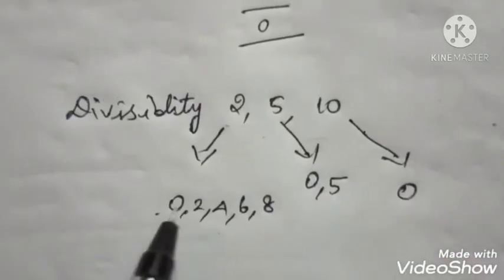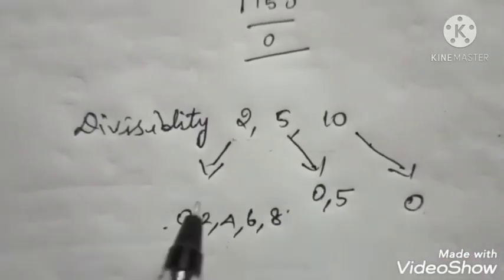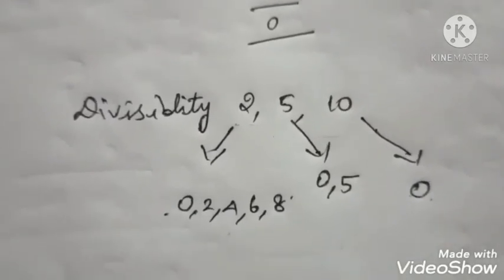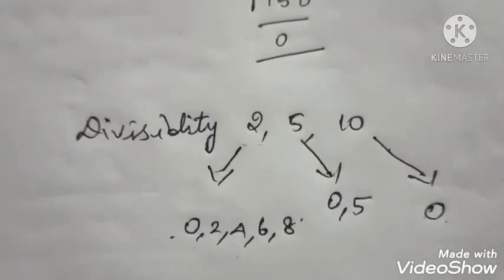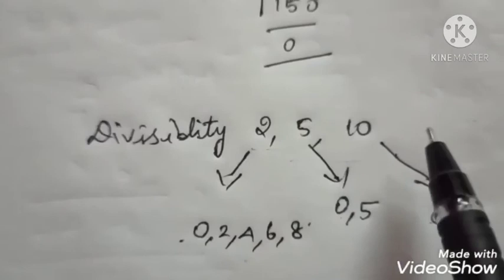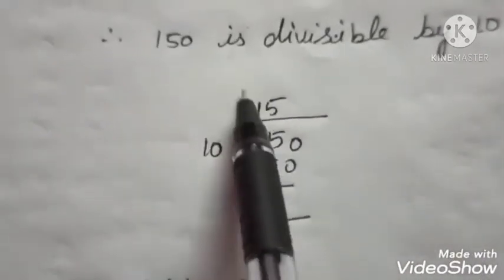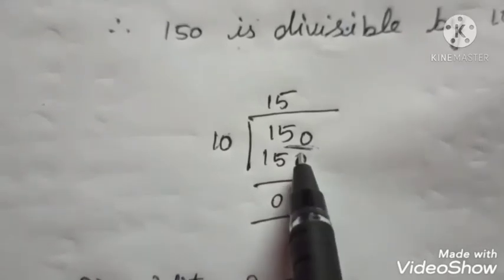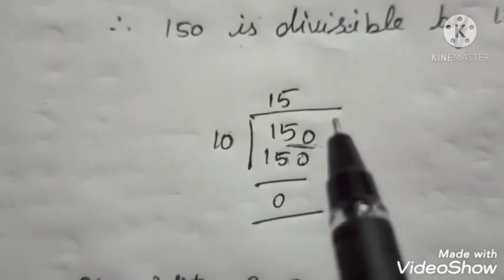So 0 is common for these three divisibility rules. Any number that ends with 0 is compulsorily divisible by 2, 5 and 10. For example 150 ends with 0, so it is divisible by 2, 5 and 10.